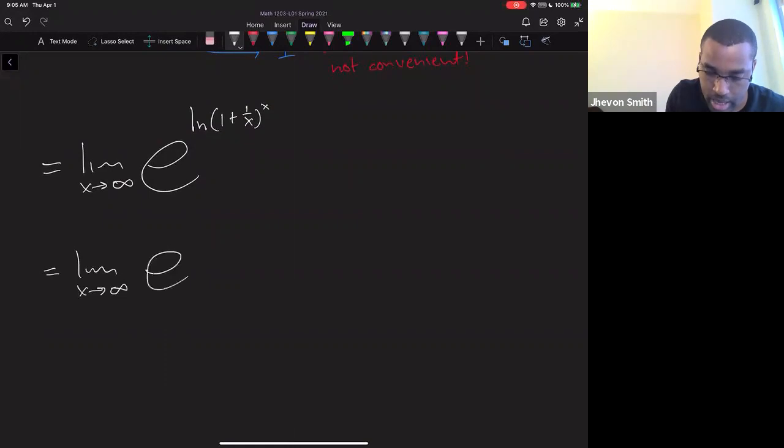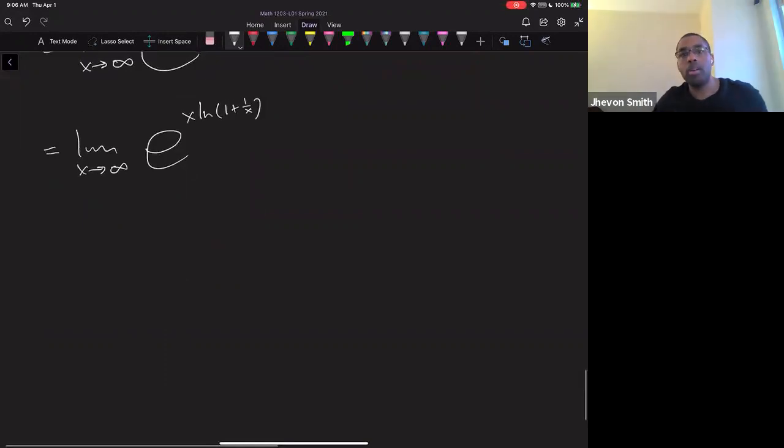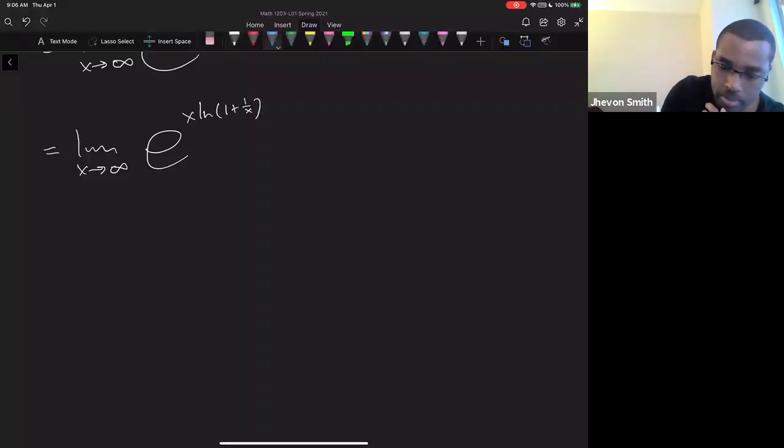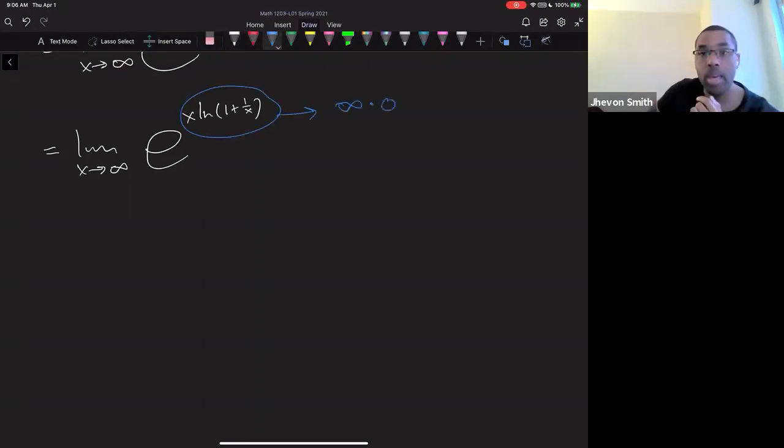So what we can do here is, right, it says e to the x ln of 1 plus 1 over x. Now, at this point, you could move the limit up to the power, but because I know in my head that that's what's happening, that I'm really taking the limit of the power, I'm not really focused on writing it out. I don't really care. But I do know that this part is going to approach infinity times 0, because 1 over x goes to 0 as x goes to infinity.